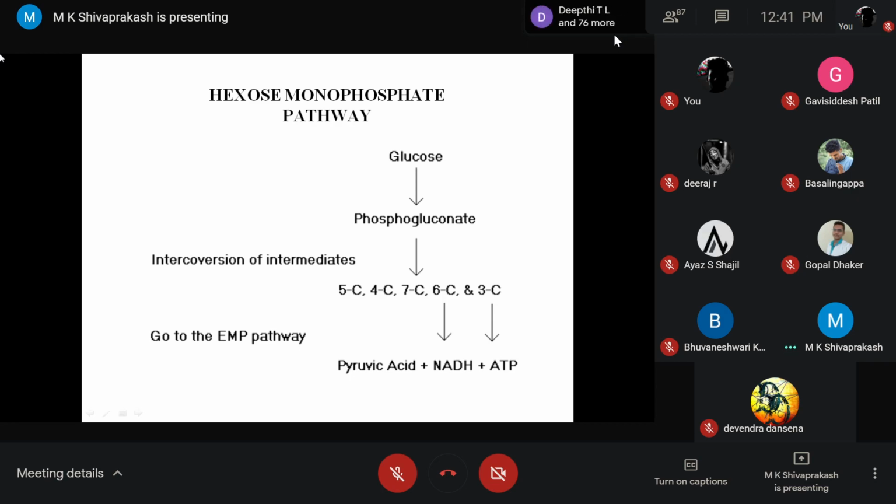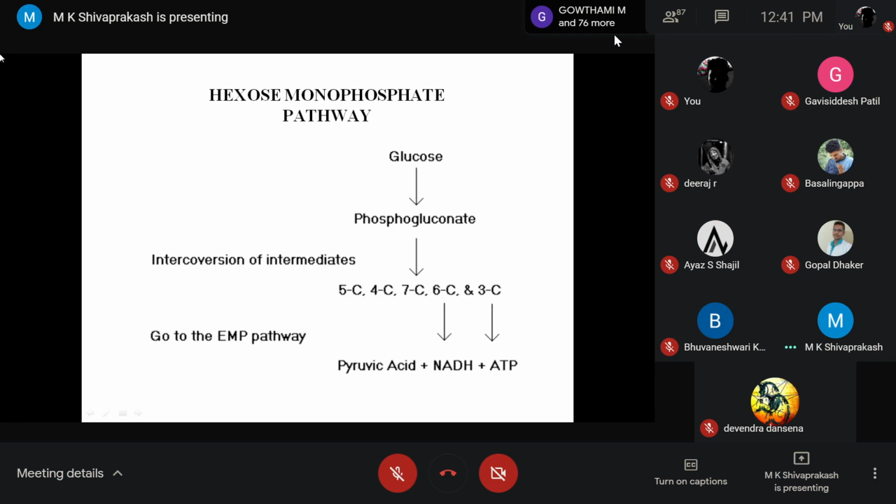The main thing to remember in the HMP or pentose phosphate pathway is that one of the key intermediates is phosphogluconate.